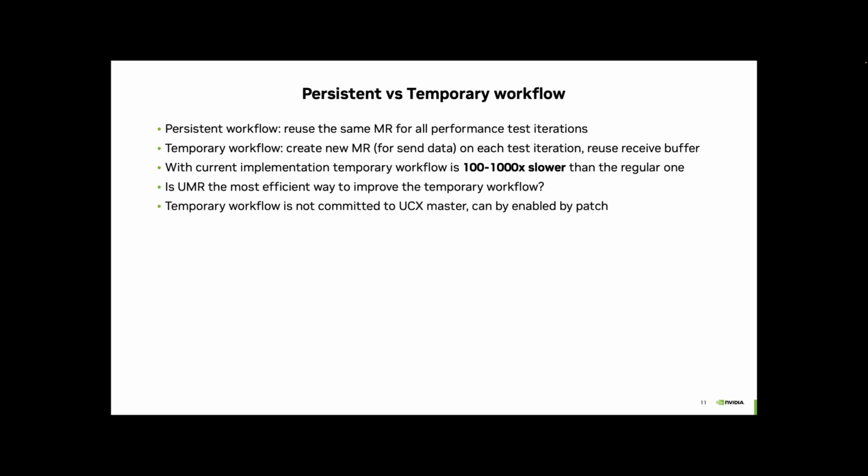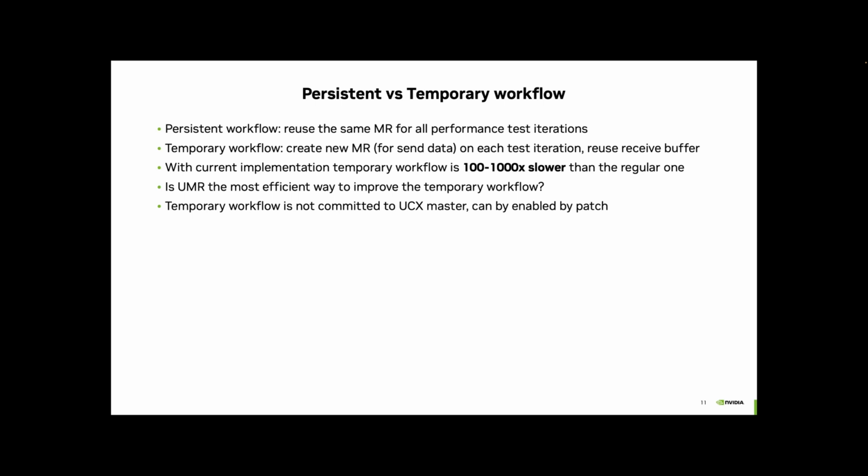And now let's talk a bit about persistent versus temporary workflow. So as I mentioned before, persistent workflow is the flow when we reuse the same memory or user buffer for all performance test iterations. That means we create it once and use it over the entire application lifetime.